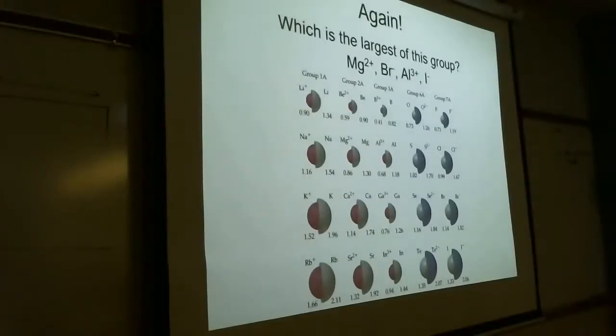So now we're just deciding between the two anions, which one's going to be the biggest. Well, iodide is down here, whereas bromide is down here. Iodide's the biggest, 206. Do we see how we came to this conclusion?